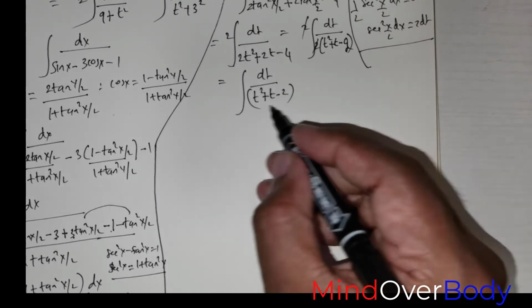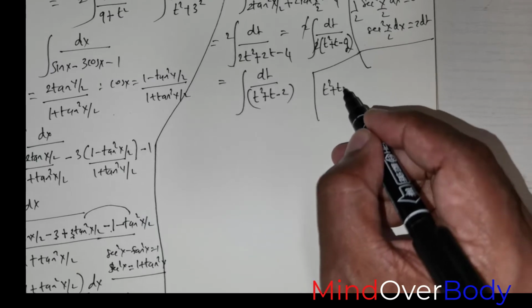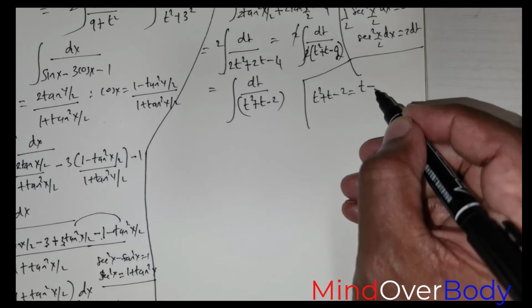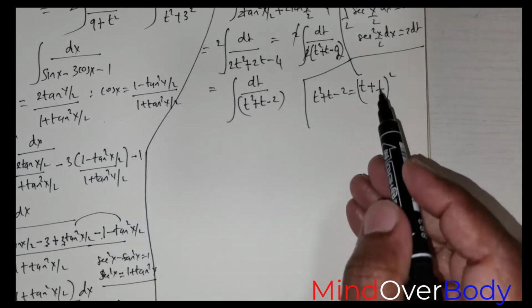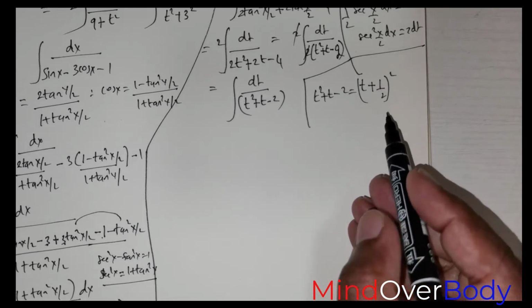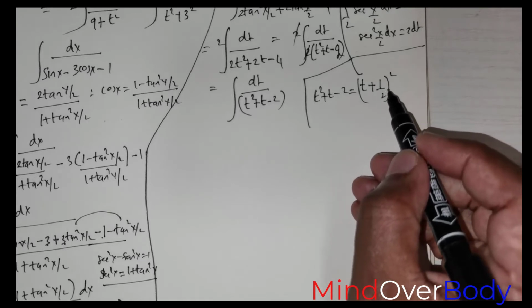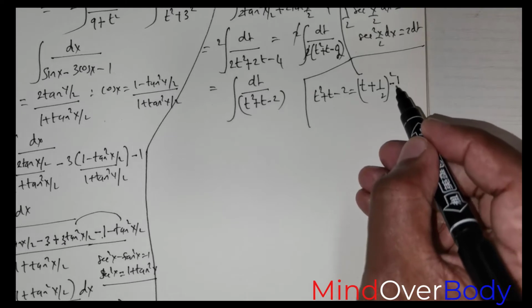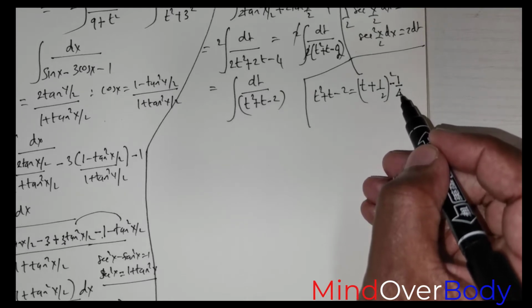Now I'm going to rewrite this t² + t − 2 as a perfect square. That's going to be (t + 1/2)². Now if I were to square this, I would get t², then 2 times t times 1/2, then I will have a +1/4. Now I don't want that, I have to remove that +1/4. So to get rid of the +1/4, I place a −1/4 here, right?